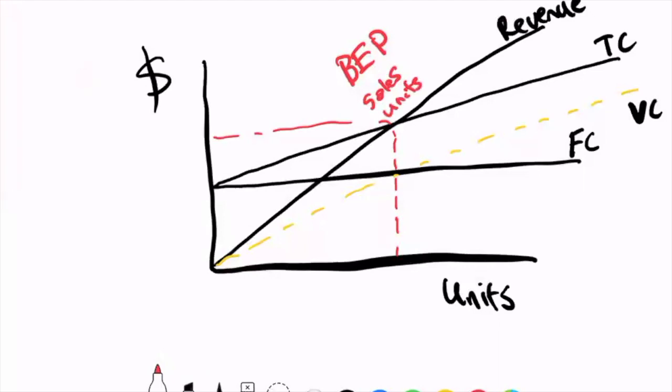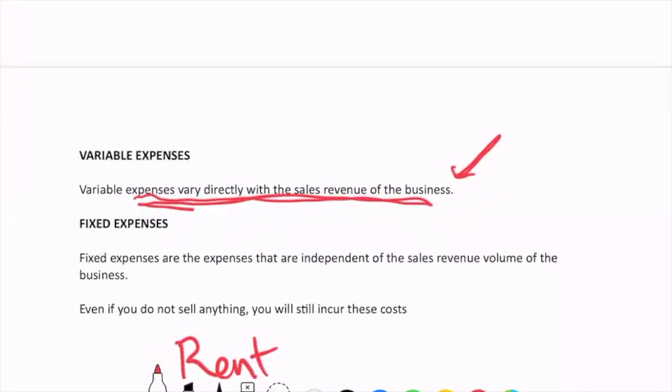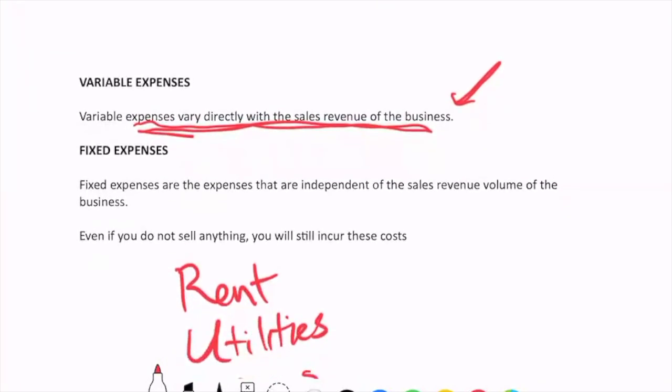So let's walk through what we have here. It's important to note that CVP analysis is simple. Selling price, variable cost per unit, and total fixed costs remain constant throughout all of the range. And so let's go through all of the things that go into a break-even analysis.